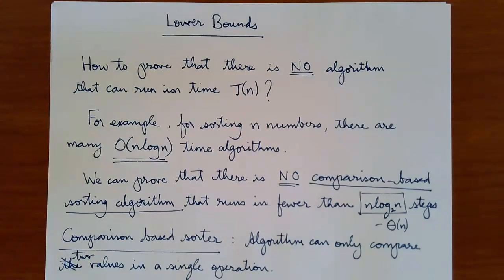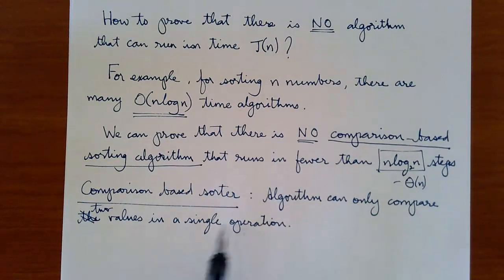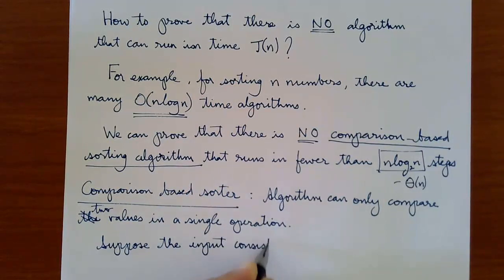Now you might think, okay, so what else can one do? But there are situations where one can do more than comparisons. So for example, suppose the input consisted of k-digit numbers.